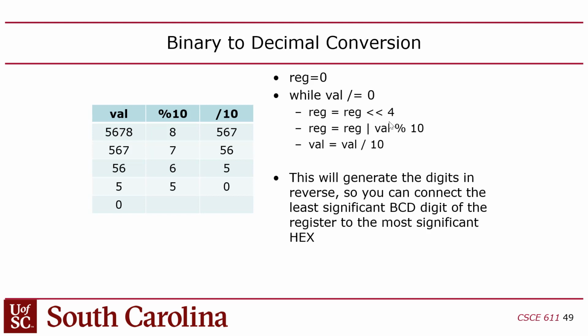And then you're going to have another register that will be your result. Let's call it X10, right? That'll start out initially as 0, but every time we add a new digit, we shift it by 4 bits, right?